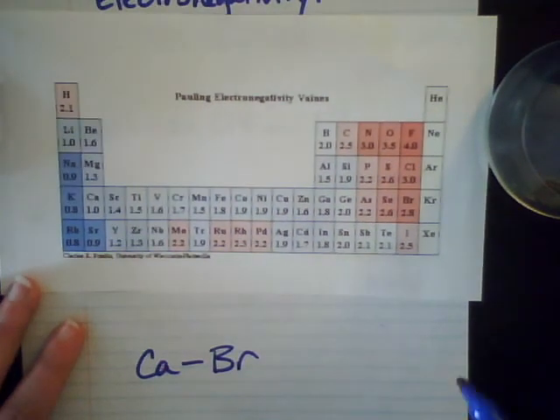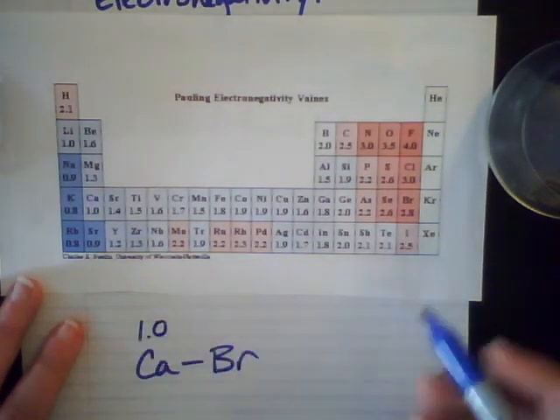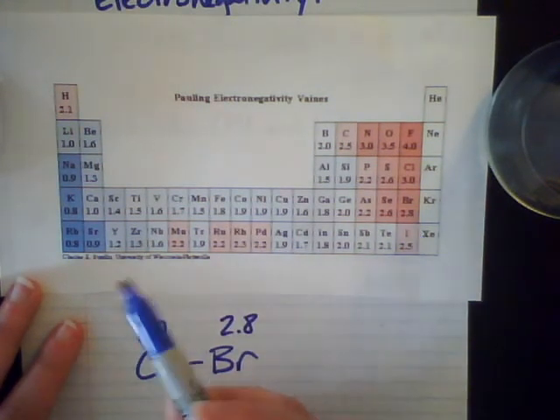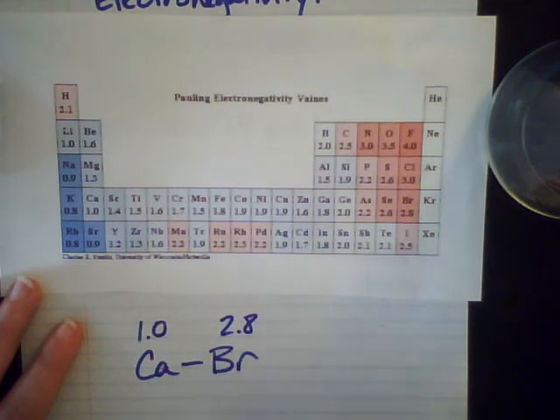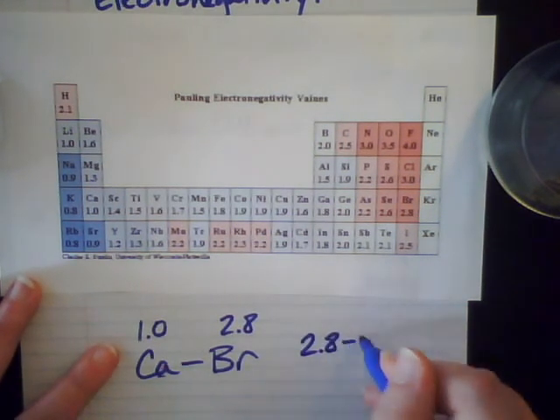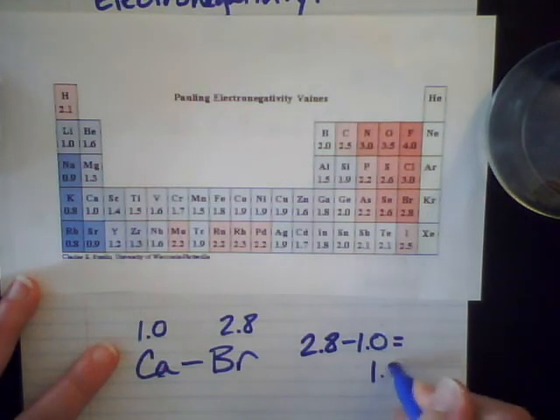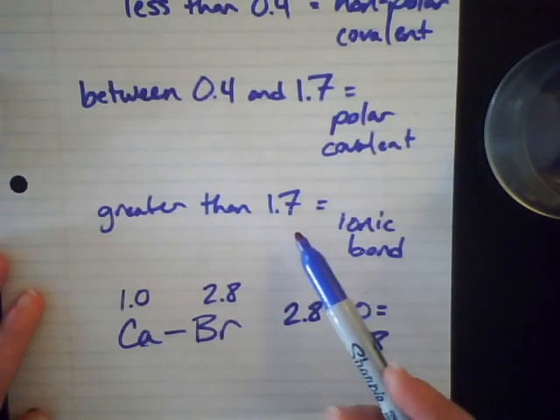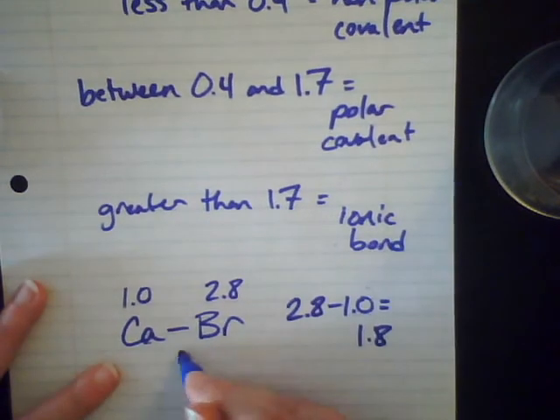When I look at my electronegativity chart, calcium is 1.0, bromine is 2.8. Bromine is my nonmetal, calcium is a metal. So just right off the bat, I know because it's a metal with a nonmetal that it's an ionic bond. But if we're comparing it using our electronegativities, I take the small one from the large one, and I end up with a difference of 1.8. 1.8 is greater than my 1.7, which means the bond is ionic.